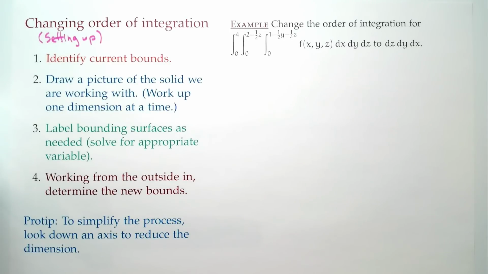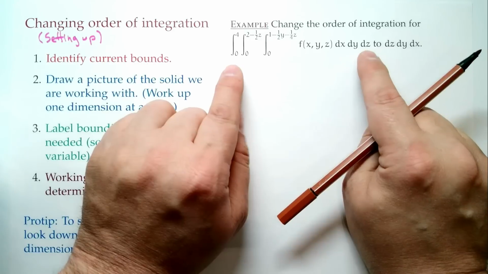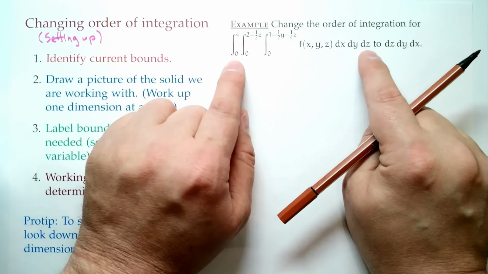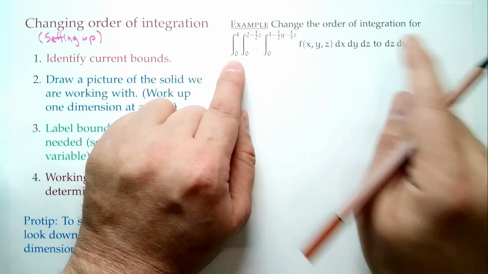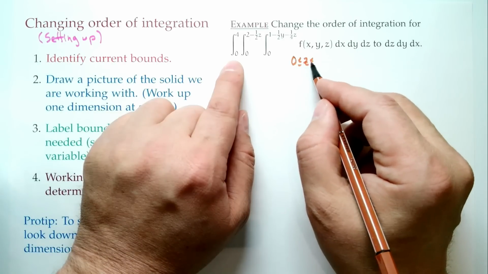Well, let's begin. First thing we want to do, following this plan, is figure out the current bounds. So, what does this outer integral tell me? z goes between 0 and 4.